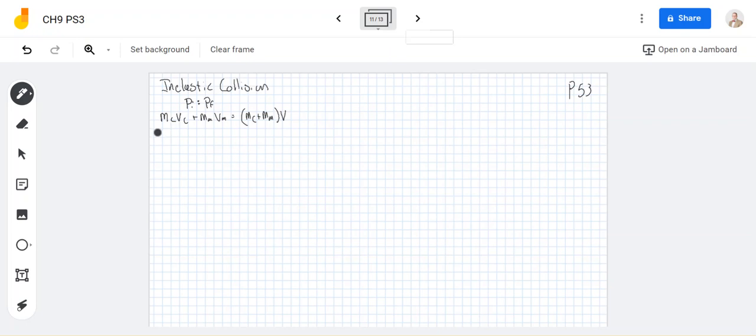So we have a 1,000 kilogram car going at some speed v plus a stationary moose is equal to 1,000 plus the 500 kilogram moose times the velocity after. Now I'm going to call this MC for moose car because they're now moving together. Okay?